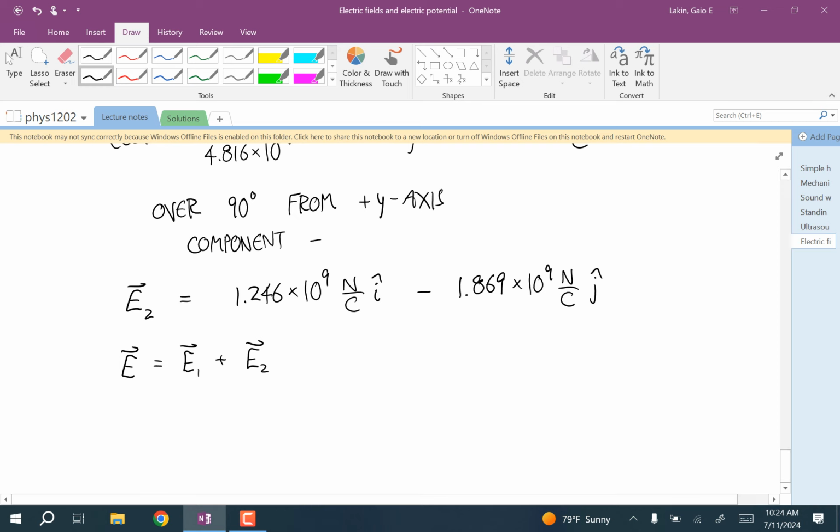So this comes out to be 1.869 times 10 to the 9th newtons per coulomb I minus 2.326 times 10 to the 9th newtons per coulomb J.